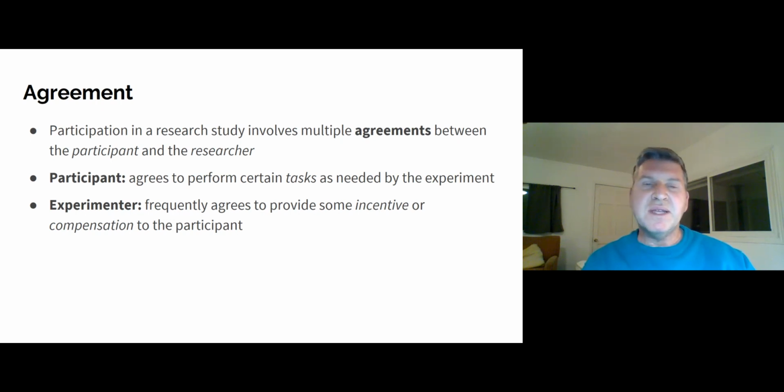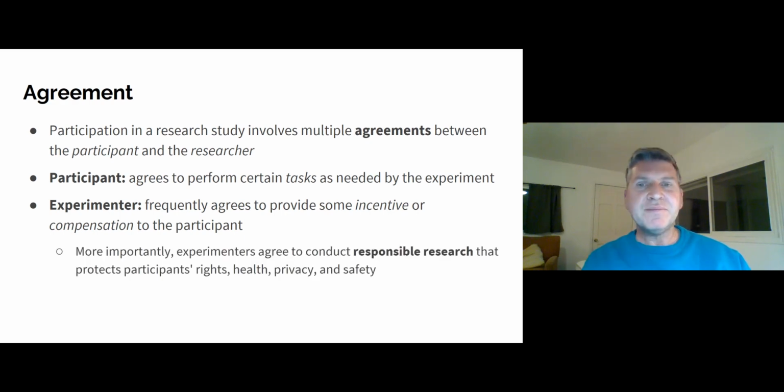Sometimes this could be direct financial compensation. Sometimes this could be extra credit on an assignment if it's in an academic setting. Sometimes it could be a chance to win an iPod, where they have an opportunity to get a prize as opposed to a direct prize themselves. Sometimes it could be information or knowledge about the outcome of the study.